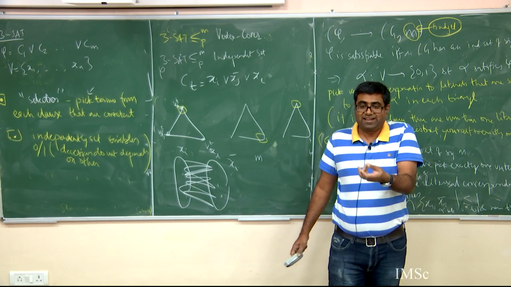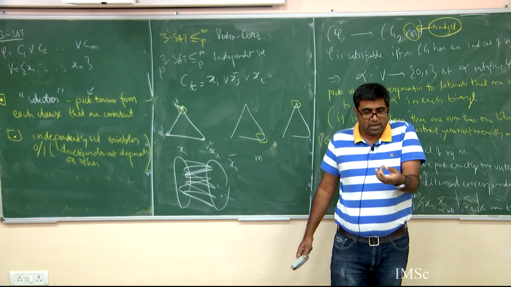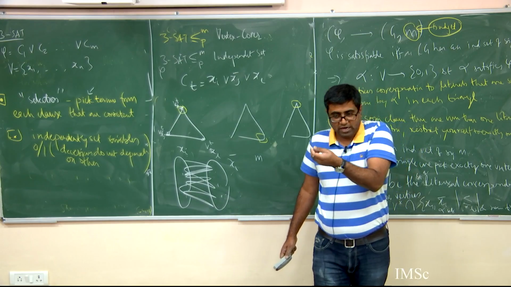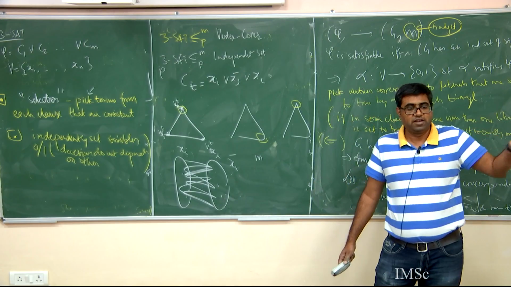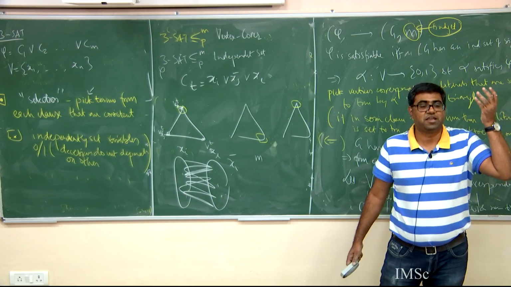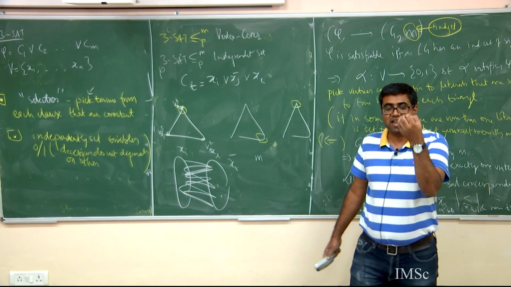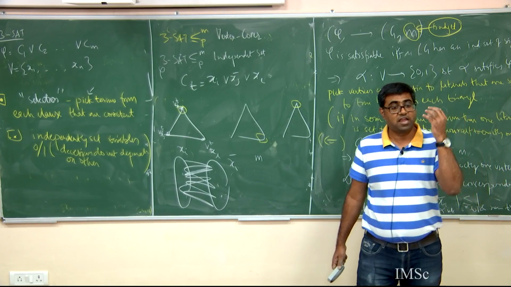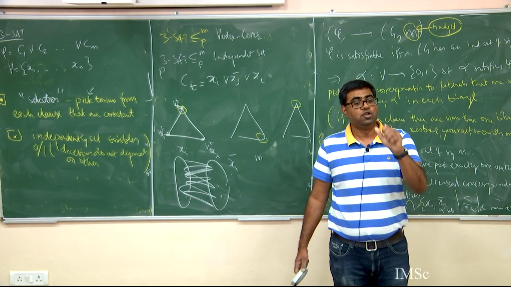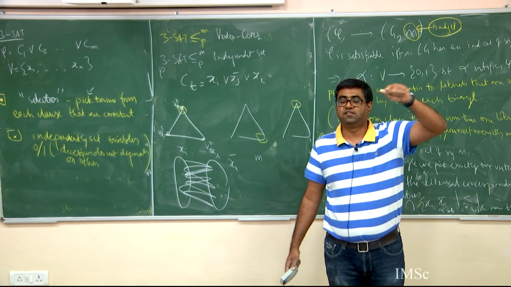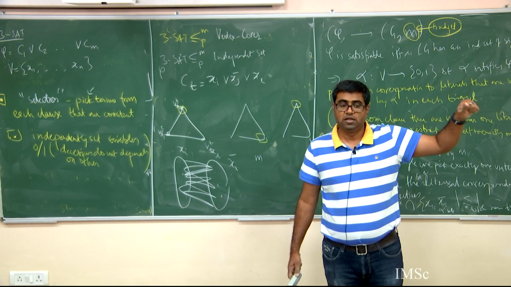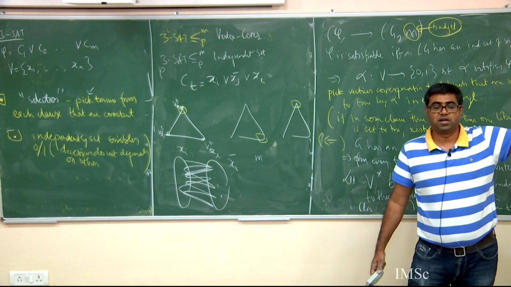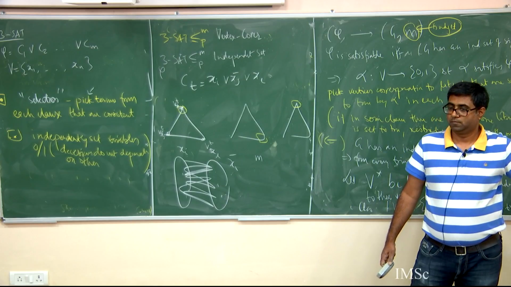Then it can only satisfy the clauses where xi appears, not xi bar. But if I have selected xi bar to be part of my solution, it means xi is set to 0. So wherever xi bar appears, it is setting those clauses to be true, right? So I only want one kind, and that's great.